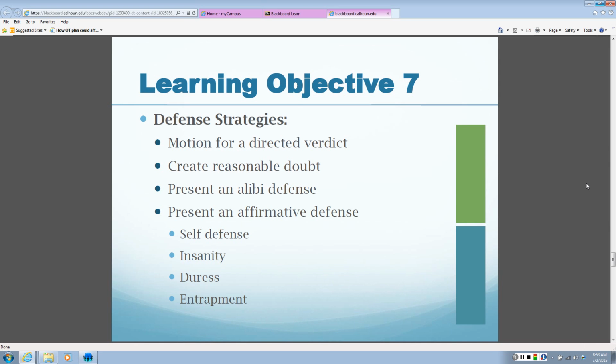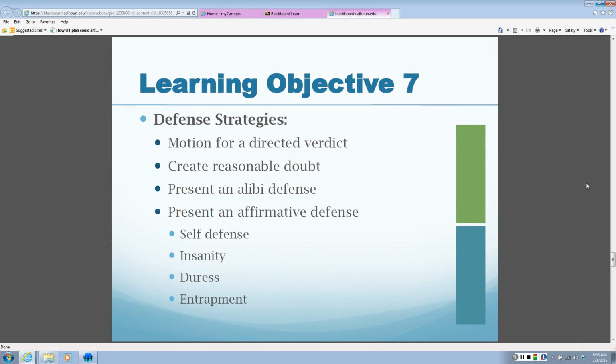It's very rare that a judge will grant that motion for a directed verdict, but it does happen on occasion. So typically that doesn't work, and then it's up to the defense strategy to create a reasonable doubt in the minds of the jury. They're trying to put that little inkling of doubt in the mind of the jury that this defendant did not engage in this crime.